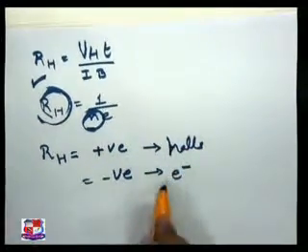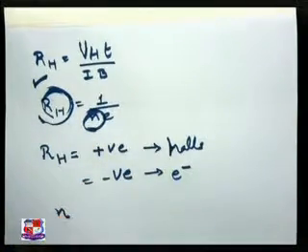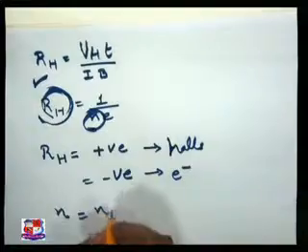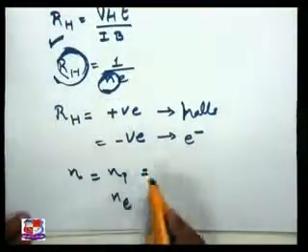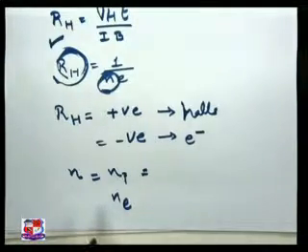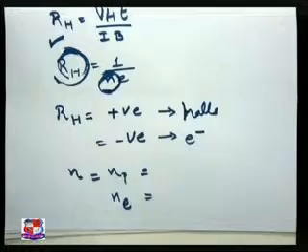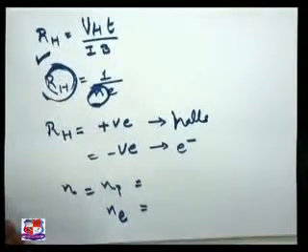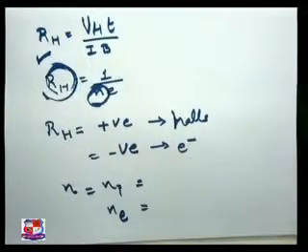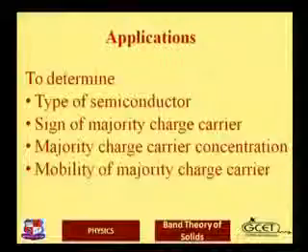And once we determine whether they are holes or electrons, we can determine the value of N, whether it is NP or NE. NP is the charge carrier concentration of holes, NE is the charge carrier concentration of electrons. We have learnt in the applications that the first is we can determine the type of the semiconducting material.